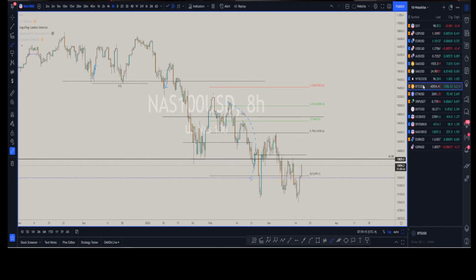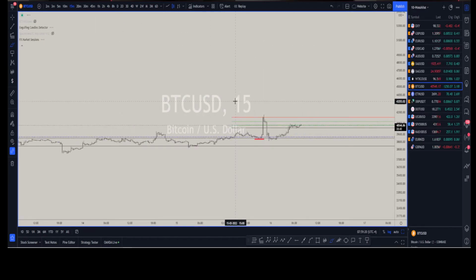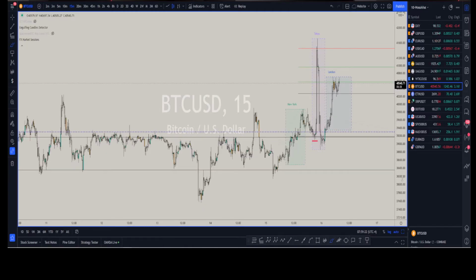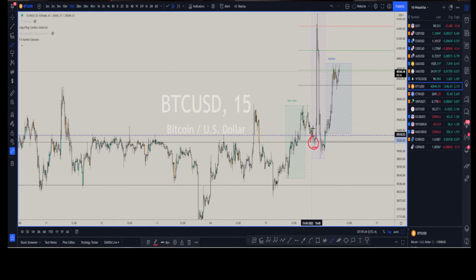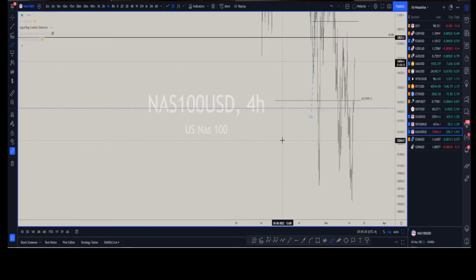Give you a very basic example. Where did the move start? Went up, broke higher time frame. They came back down, grabbed it, and look at it coming back up. Why can't they do the same thing here?